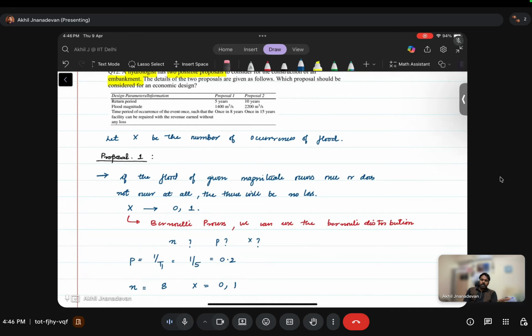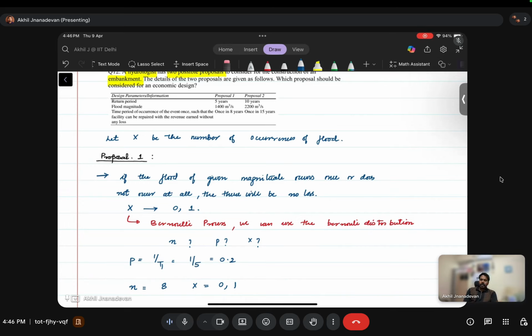If it occurs once in 8 years, there won't be any loss, and if it doesn't occur in 8 years also there is no loss in proposal 1. And in proposal 2, if it occurs once in 15 years there is no loss, and if it doesn't occur, then also there is no loss, right?